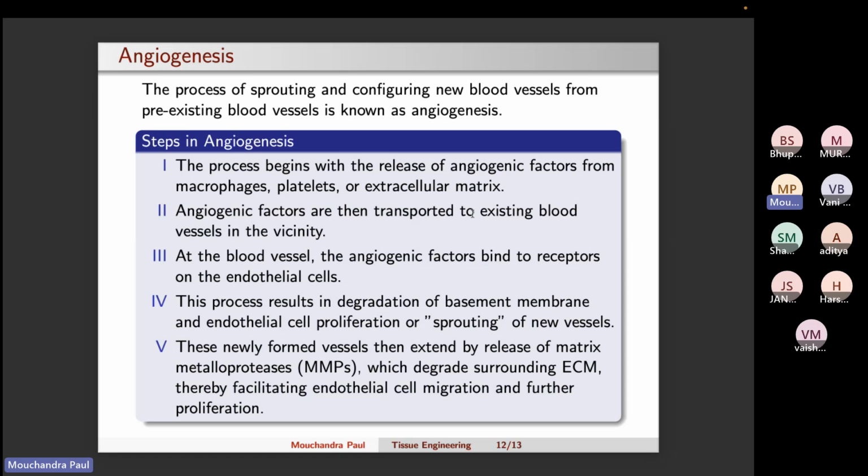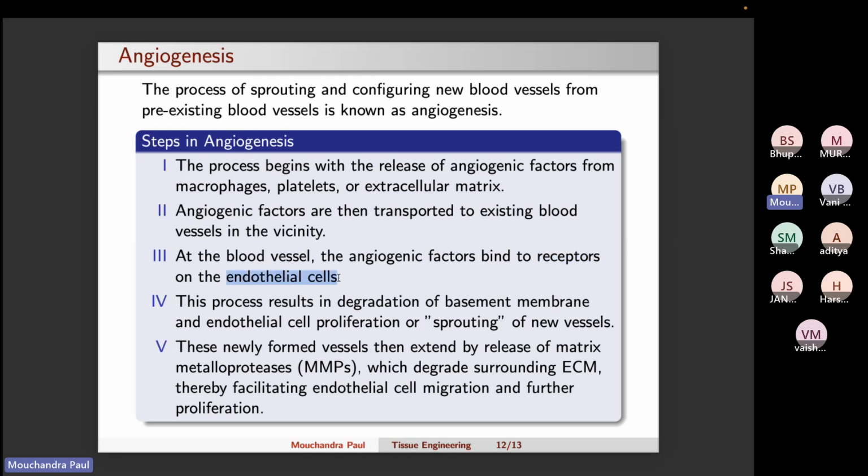These factors are then transported to existing blood vessels in the vicinity. Whatever blood vessels are close to that particular region, the angiogenic factors will get transported there through diffusion. Now at the nearby blood vessel, these factors bind to the cell membrane receptors of the endothelial cells.